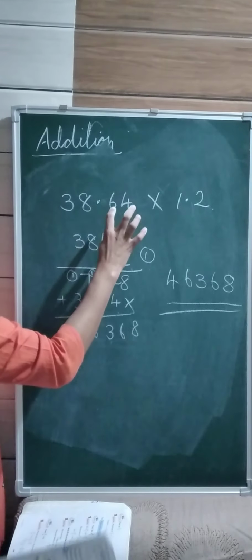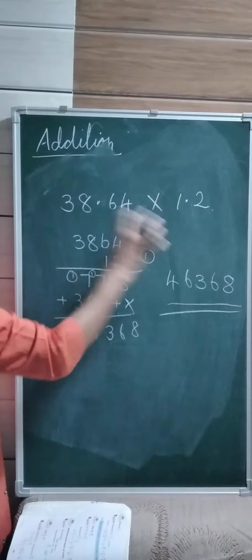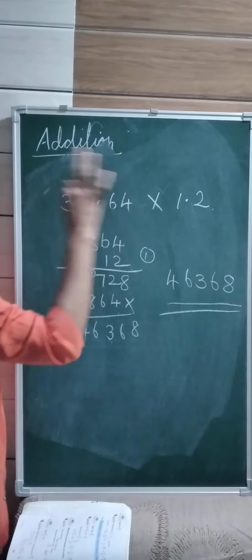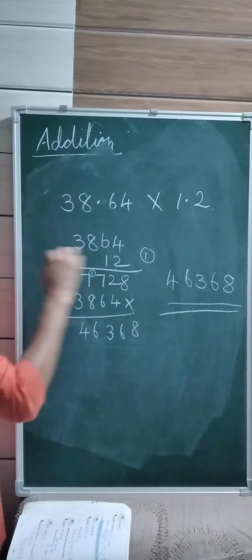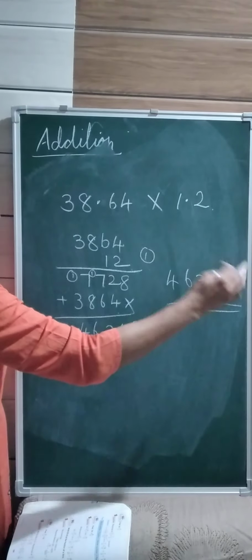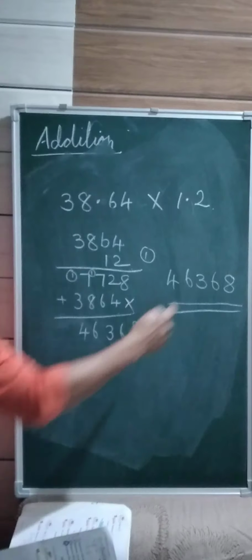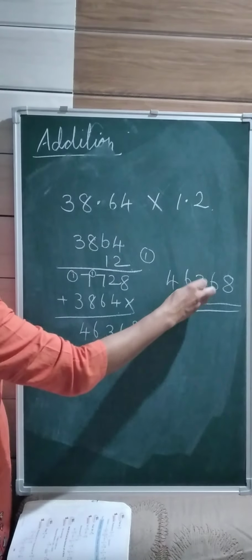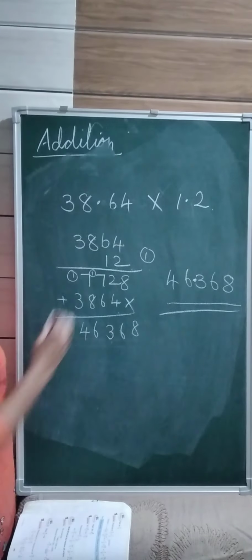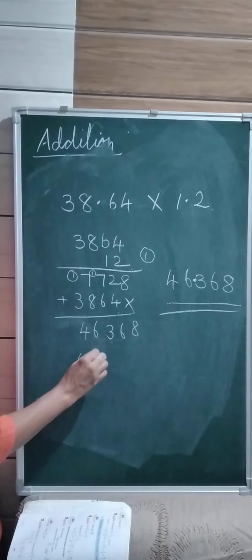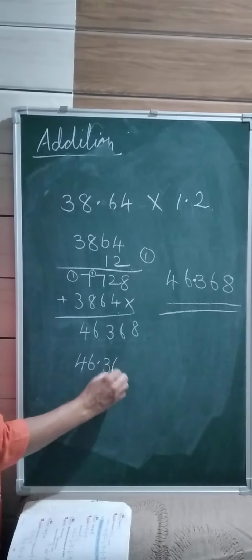Listen once again. Count the decimal digits in total. 1 2 3. In the answer also we need 3 decimal digits. Start counting from this side 1, 2, 3. Here we can put the decimal. The answer is 46.368.